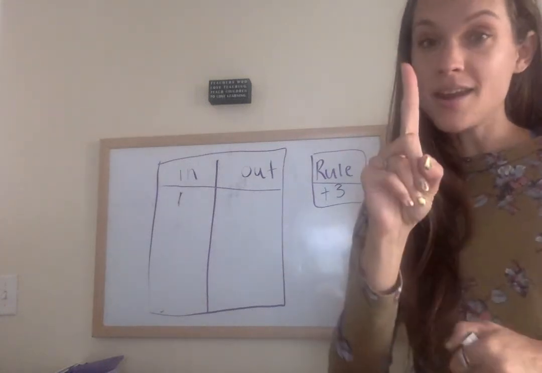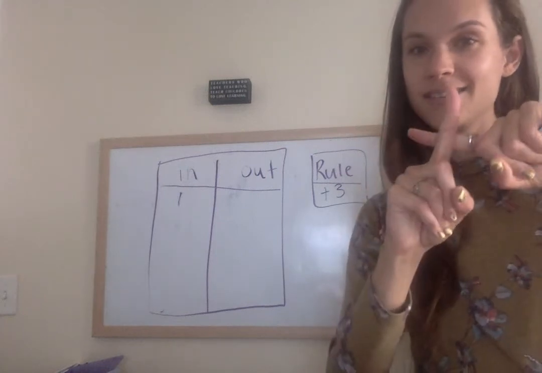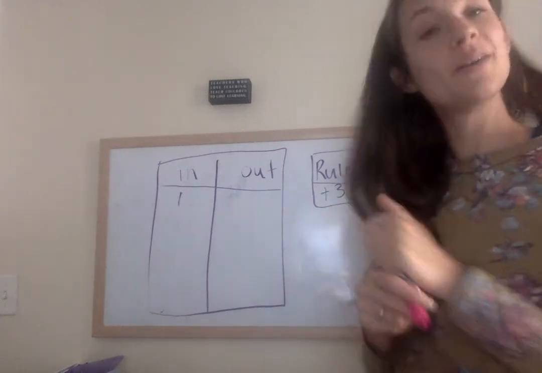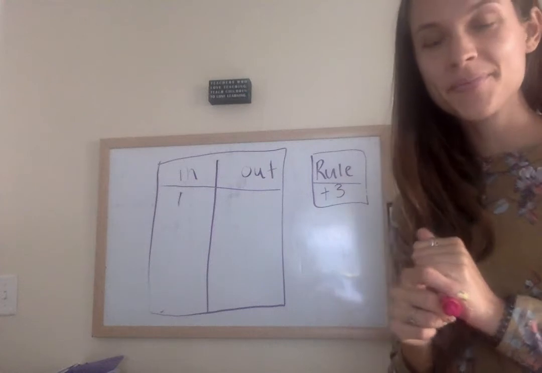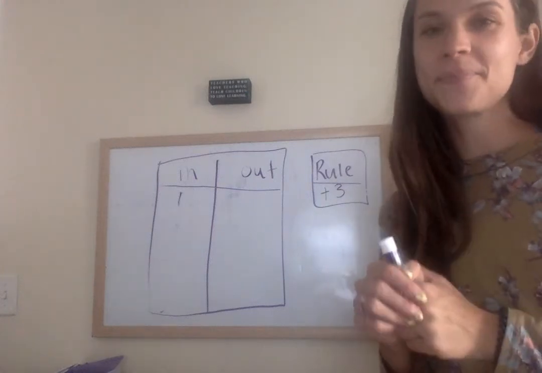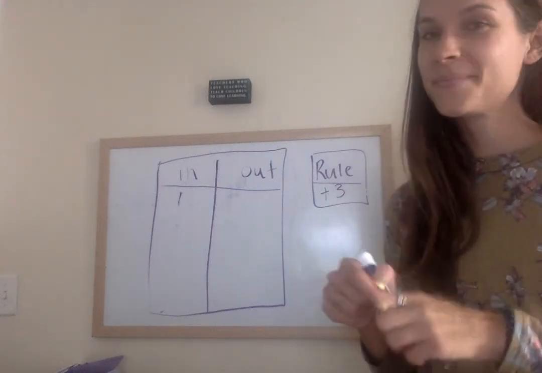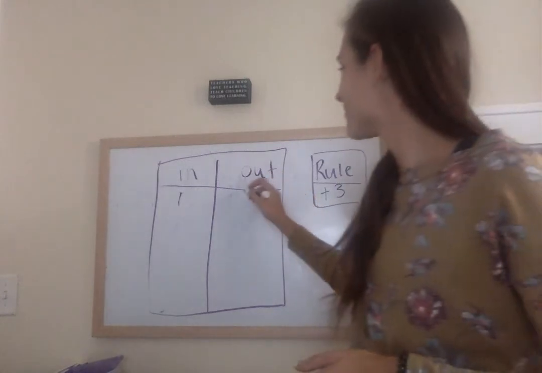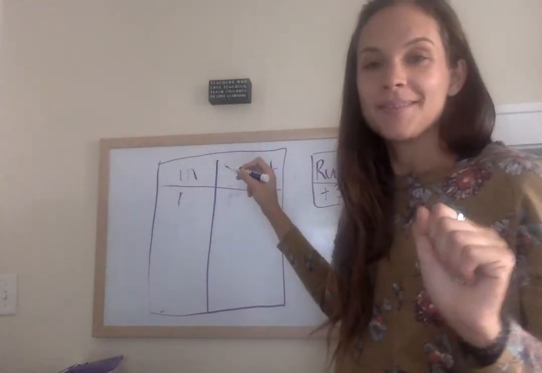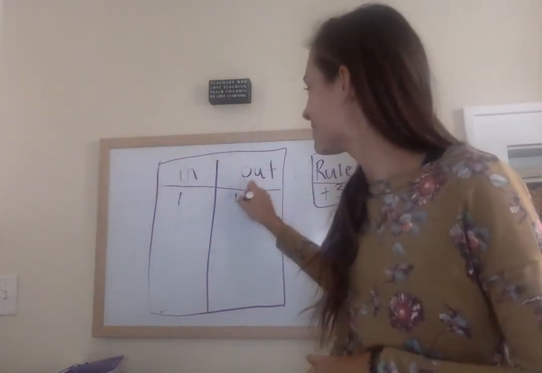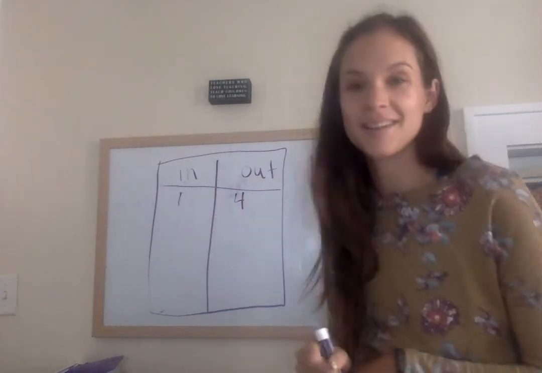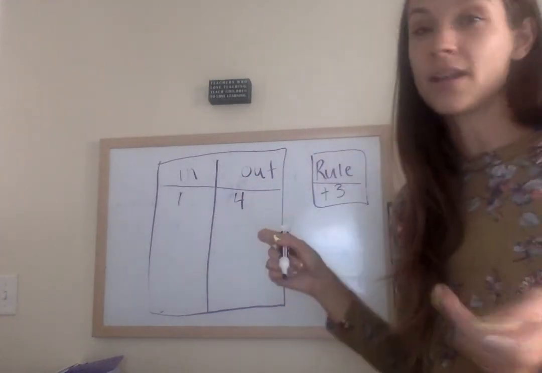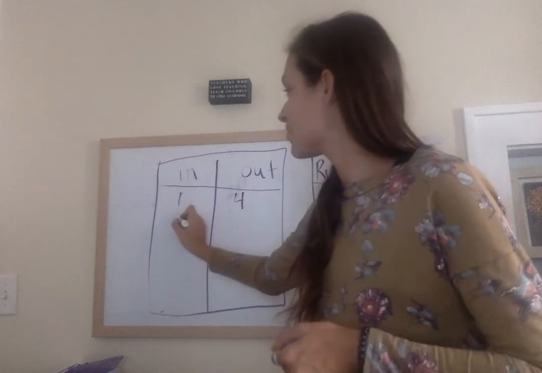You'd have to do 1 plus 3. What is 1 plus 3? Say it. 4. Yes, 4. 1 plus 3 does equal 4. Okay, let's do another one. How about for input, let's put the number 2.